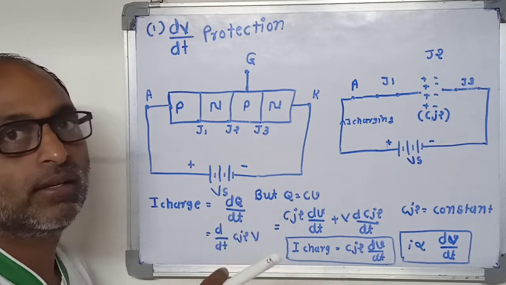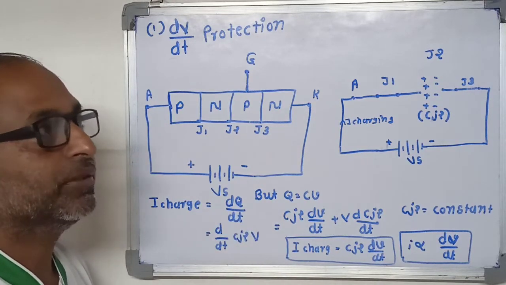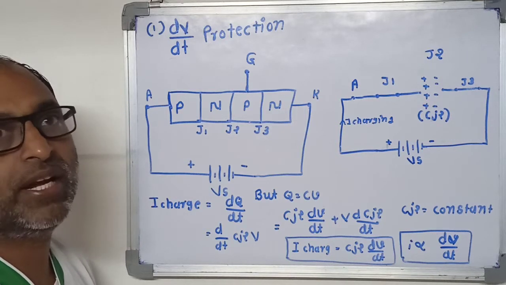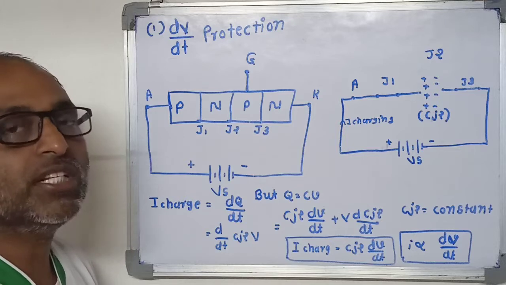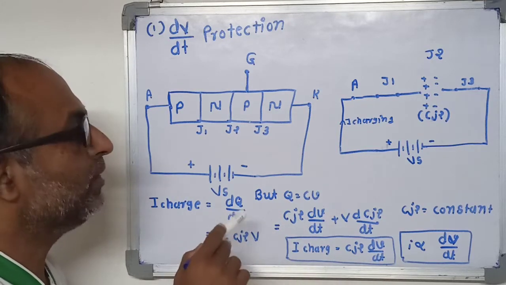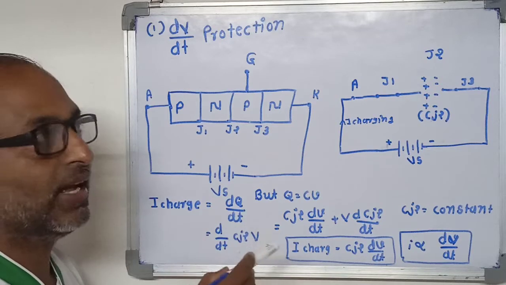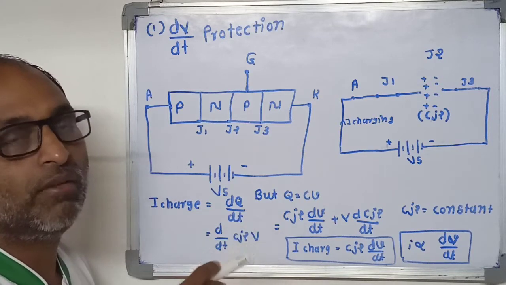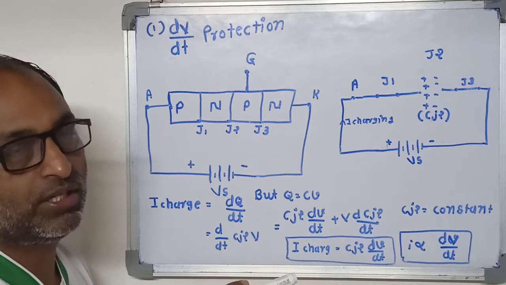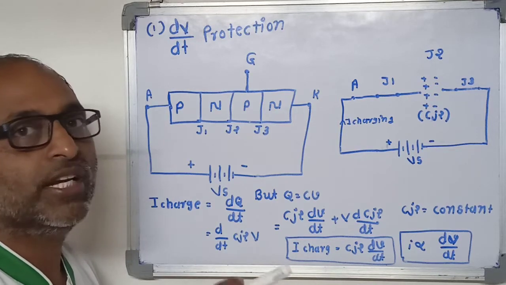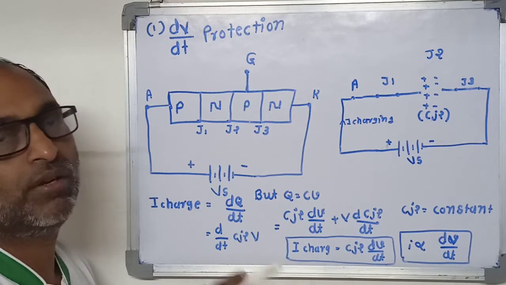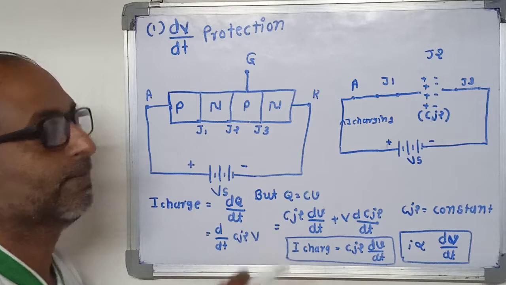So the thyristor must be protected against the maximum permissible dV/dt, which is given by the manufacturer. Typical values of dV/dt are 50 volt per microsecond to 500 volt per microsecond. A snubber circuit is used to provide dV/dt protection for the SCR.